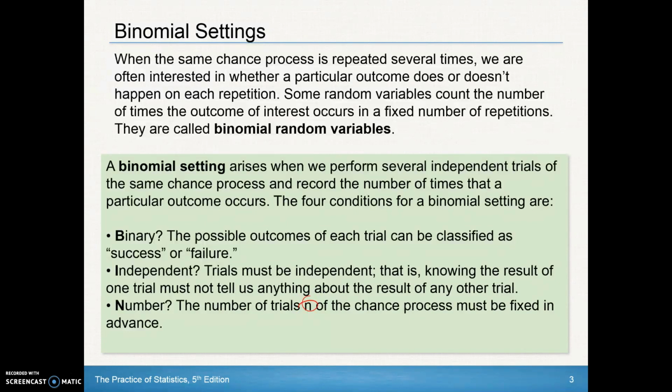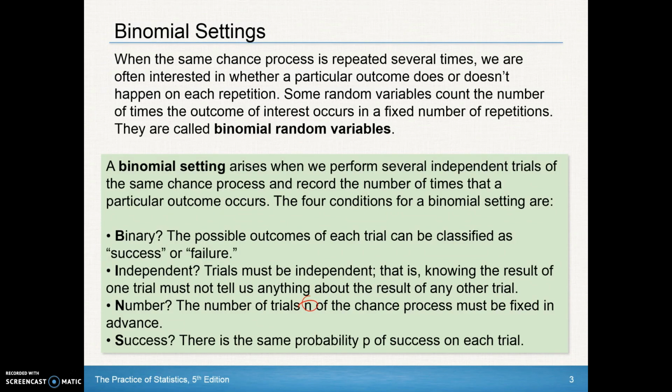That's fixed ahead of time. And then for the success, we have to have the same probability of success in each trial. So maybe I'm a 75% free throw shooter. That probability remains constant, remains the same for each free throw that I take. So a little mnemonic device to remember a binomial setting: B-I-N-S. So remember, in a binomial setting, you're in the BINS.